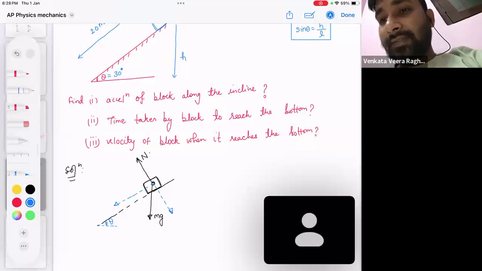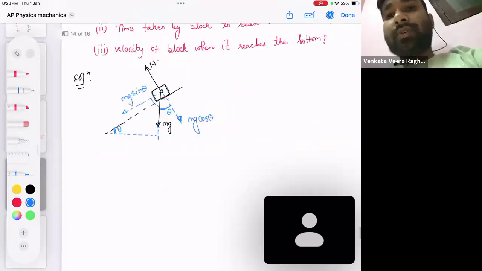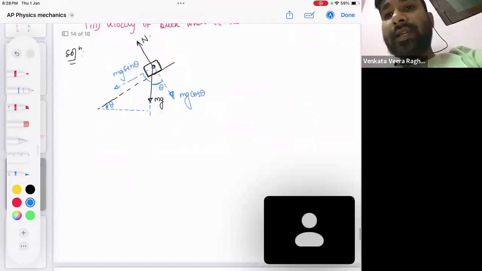If this angle is theta, this is the vertical line, so this one will be 90 minus theta and this angle again becomes theta. So what is this mg component? Mg cos theta, and what is the other component? Mg sin theta.